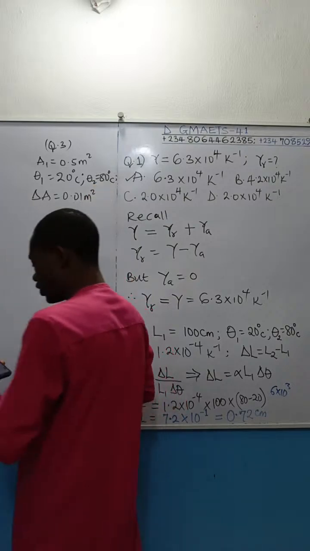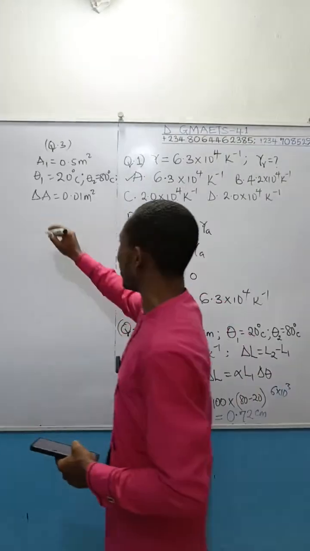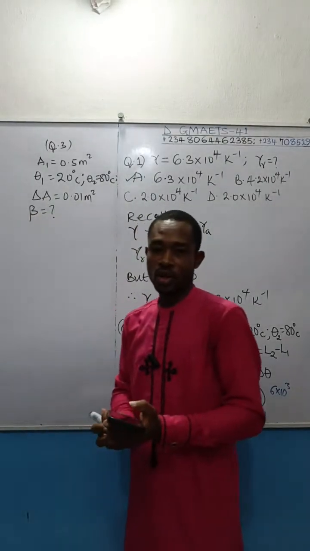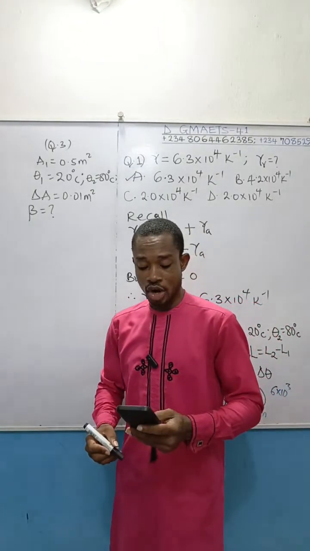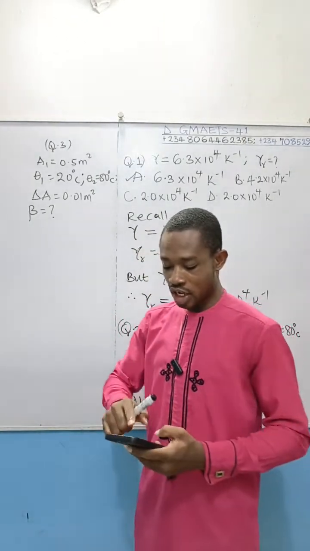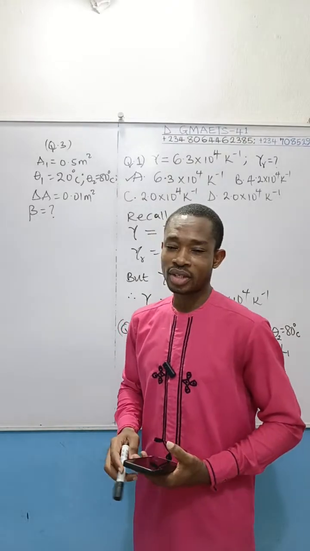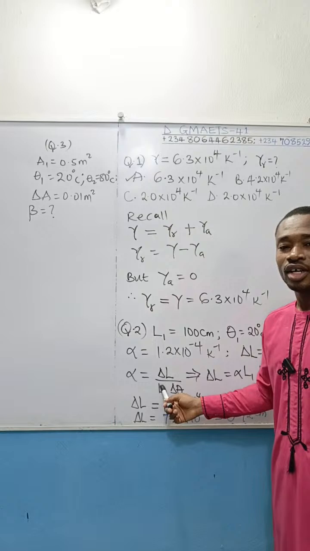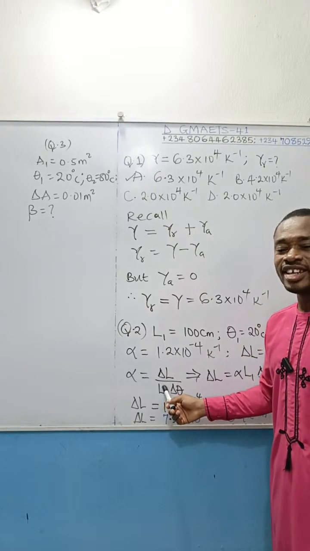What is the coefficient of area expansion? Coefficient of area expansion, we use beta for it. We don't know it, so I want to find the coefficient of area expansion. And this is a 1 plus 1 calculation because the formula is still similar to that of coefficient of linear expansion.